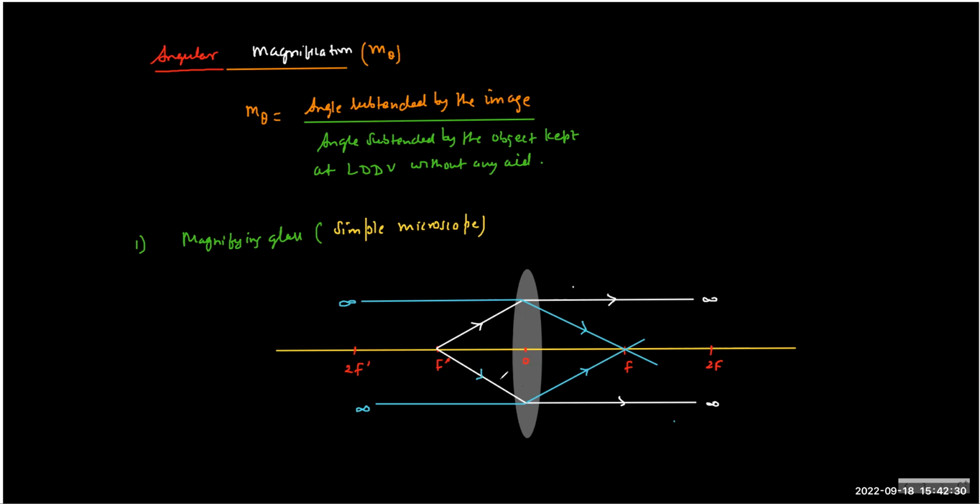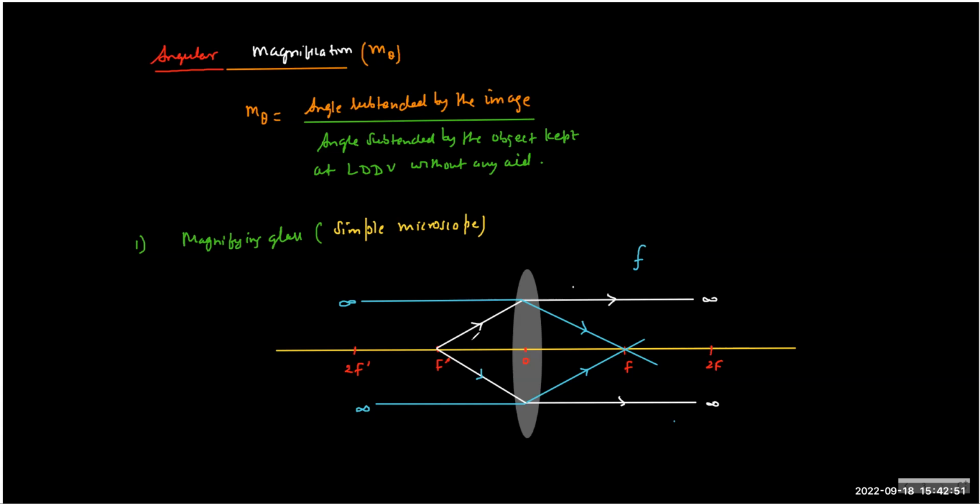Now, the real image is only formed when the object is at F or more than F away. So if you are beyond F dash on the left, you're going to get the real image.